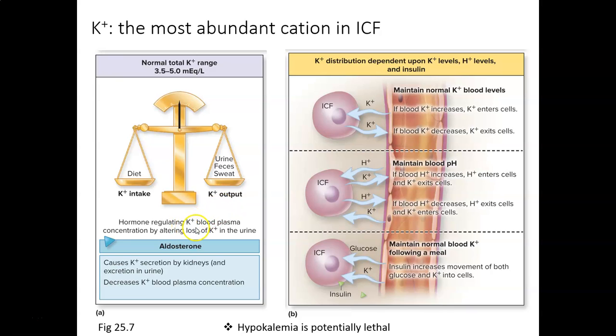Hormones can also regulate potassium plasma concentration, such as the aldosterone we talked about. Aldosterone increases the sodium-potassium pump, which not only increases sodium reabsorption, but at the same time increases the secretion of potassium. So more of the potassium is going to be lost in the urine, and you have decreased potassium blood plasma concentration.